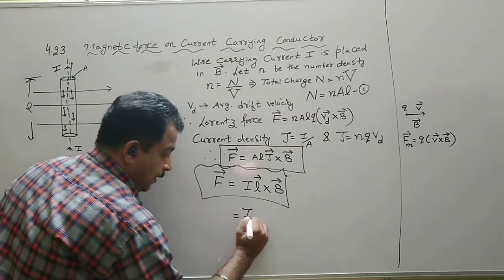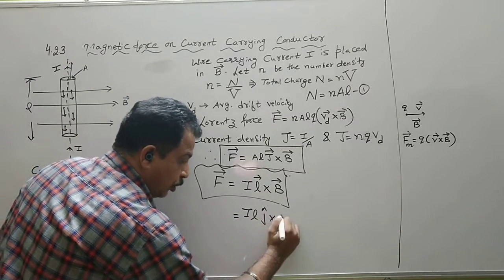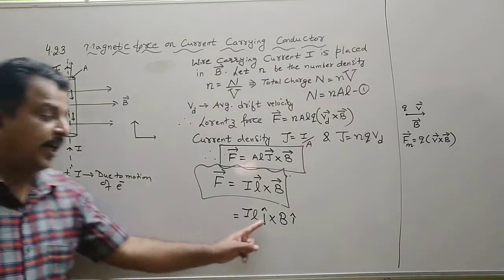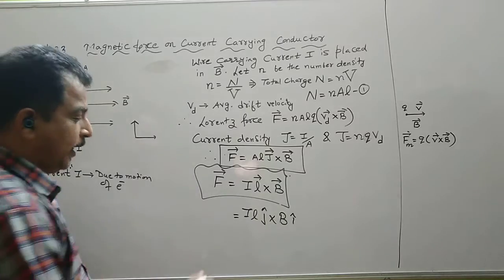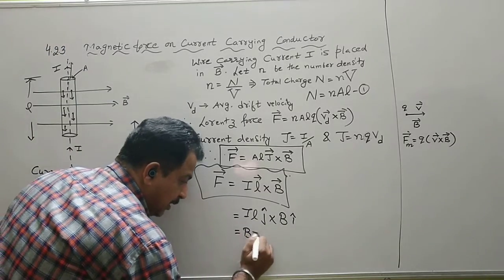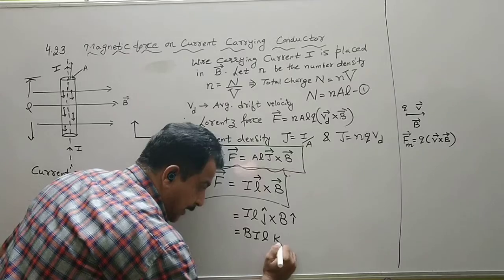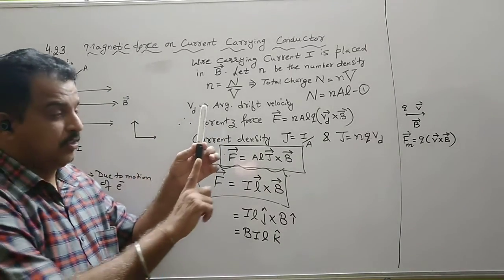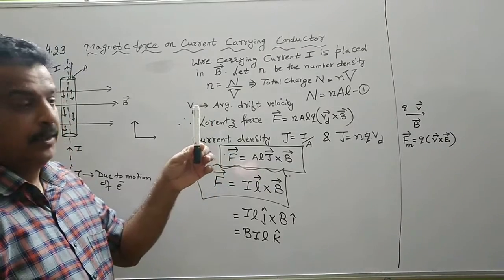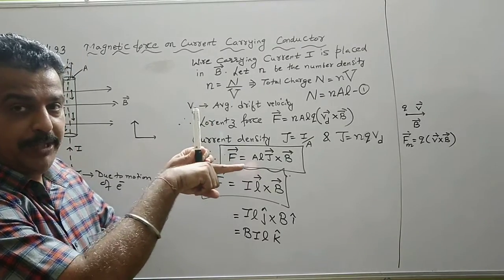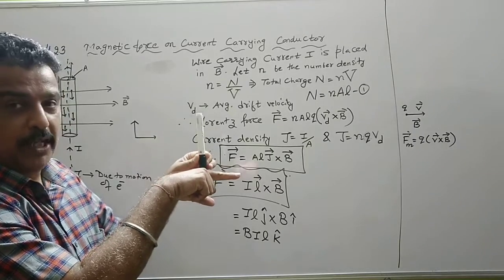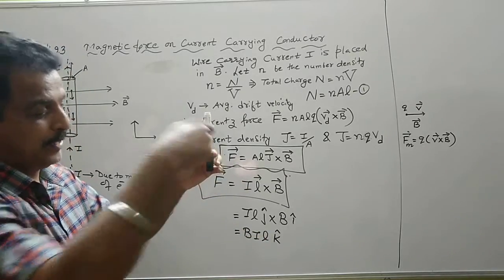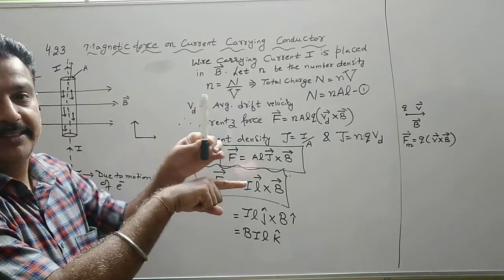This can be written as IL j cap cross B into i cap, and j cross i is equal to k. So this formula becomes BIL k cap. It means when I place this wire in which the current is flowing upward in a magnetic field B vector, then the force acts on this wire along the z axis.